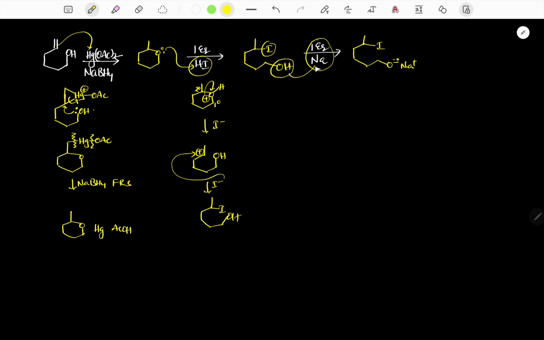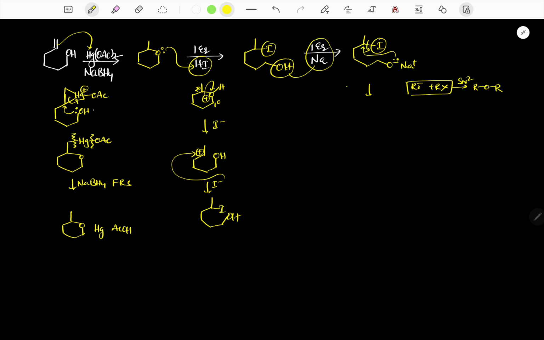So the alcohol loses the proton in the presence of metal. Now if you see the final product here, it has a leaving group and a nucleophile. Therefore this reaction is similar to RO minus plus RX. RO minus plus RX, if it undergoes SN2, this is called Williamson ether synthesis.